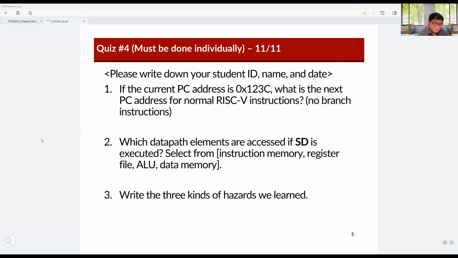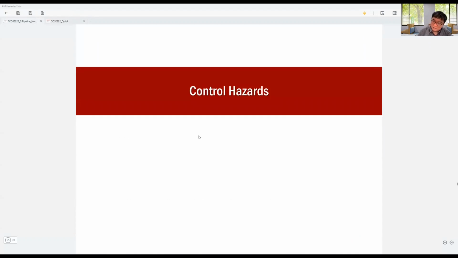That's the problem. I believe every student understands how the pipeline works, and especially how data hazards are handled in the pipeline processor.